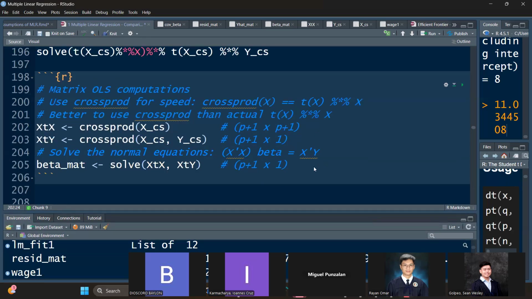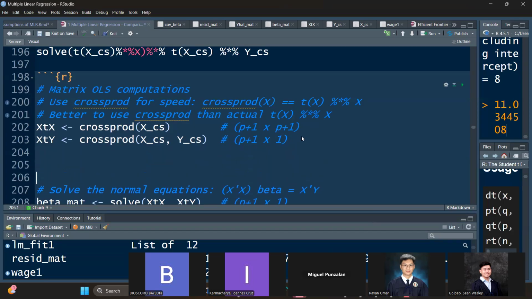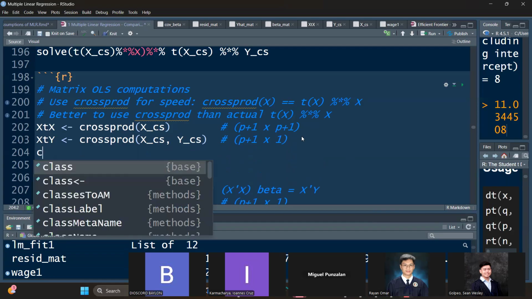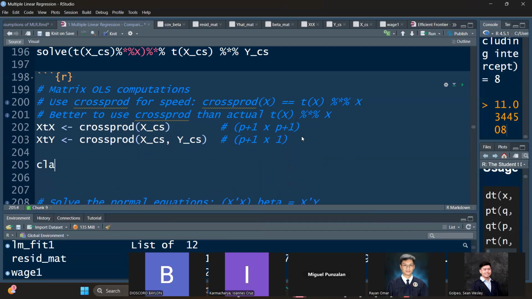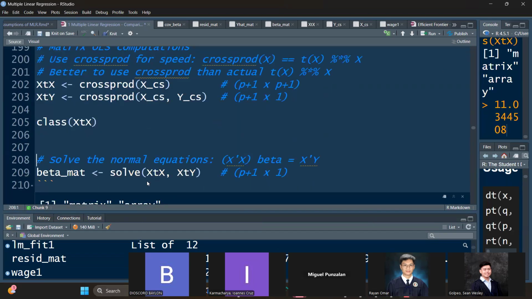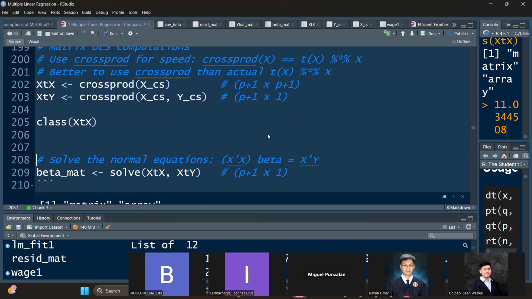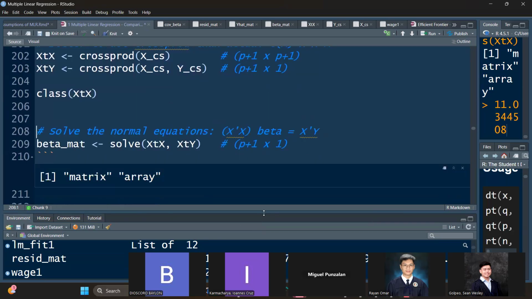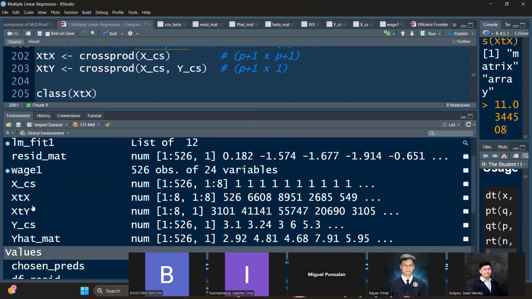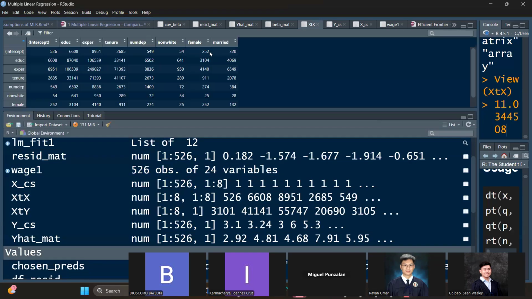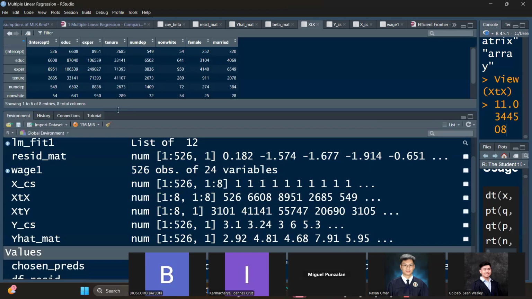By checking the class of X transpose X. It's a matrix class, matrix or array. So if you check class of X transpose X, let's have this printed here. All right, take a look.